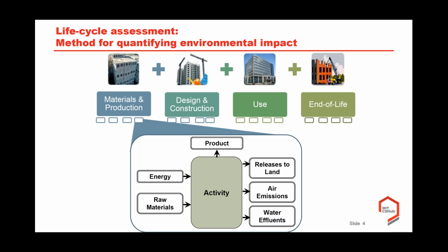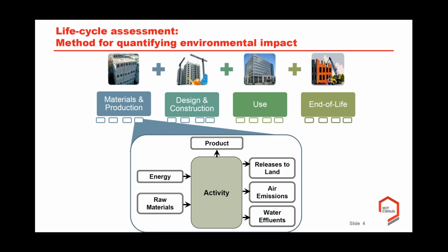So next slide, I have an overview of the tool that we generally use to quantify those environmental impacts, and we call it life cycle assessment. And essentially what we do is we break down each of these different steps in a building life into different processes. And that's what's meant by those little rectangles there. And within each one of those, what we do is we quantify all the inputs to a particular activity, usually in terms of energy or raw materials, including water, and then also releases to air, land, and water in the form of emissions.